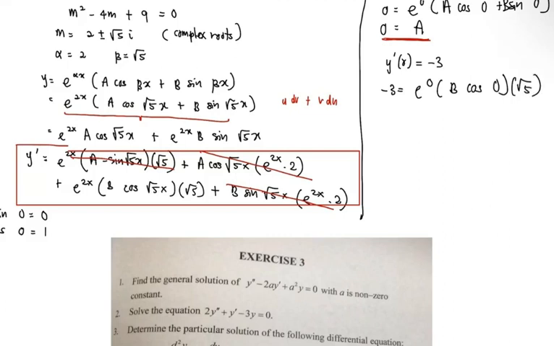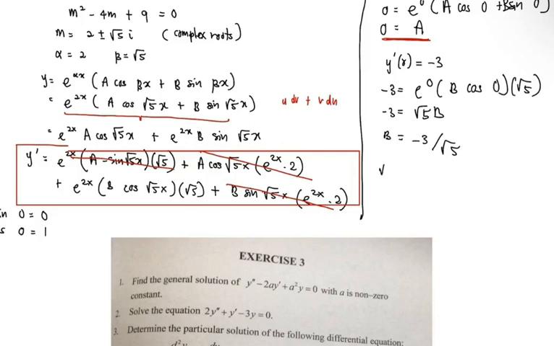So we have minus 3 equal to root 5 b. So b is minus 3 over root 5.